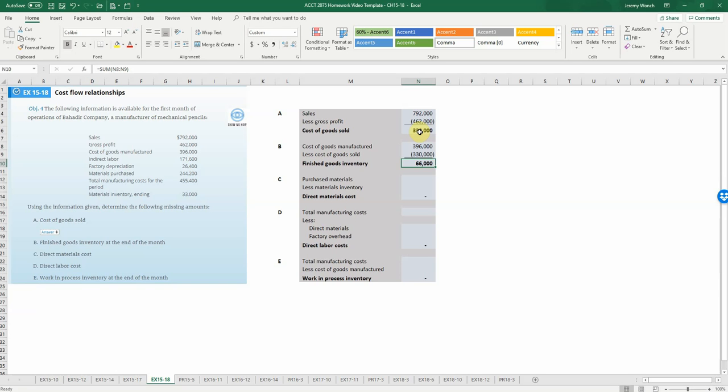In part C, direct material cost. The direct material cost is what comes out of our materials inventory. It's the same idea as with our finished goods.